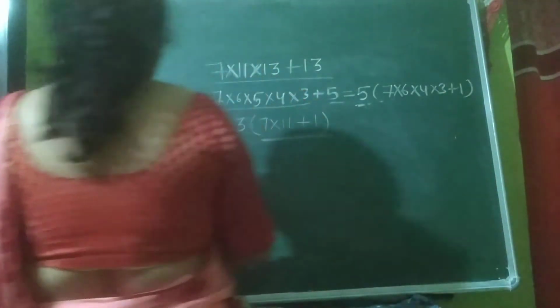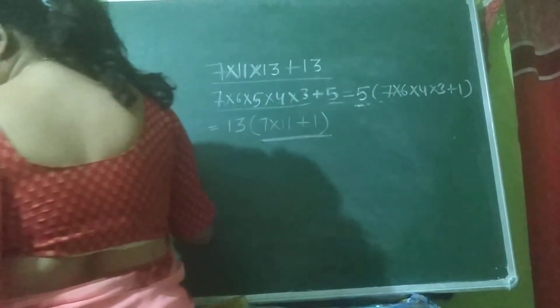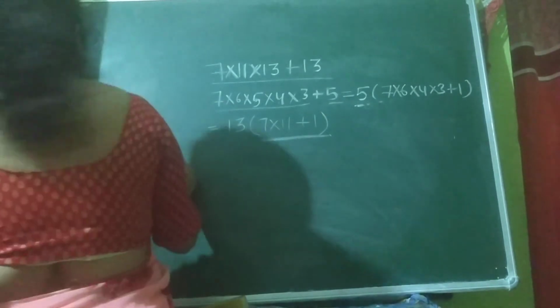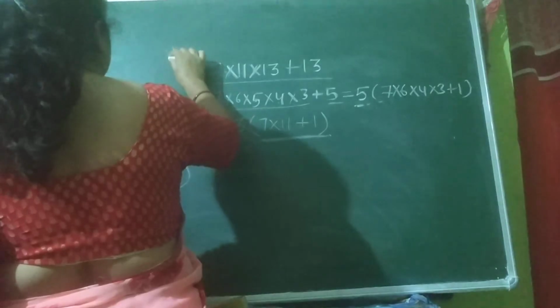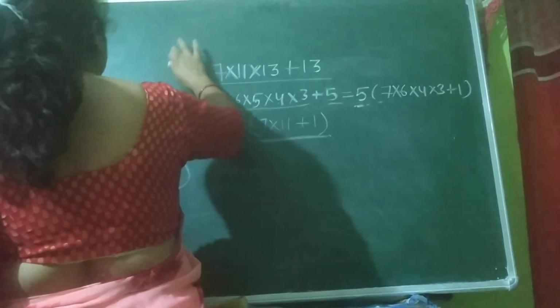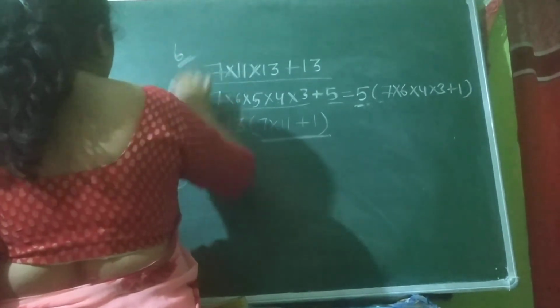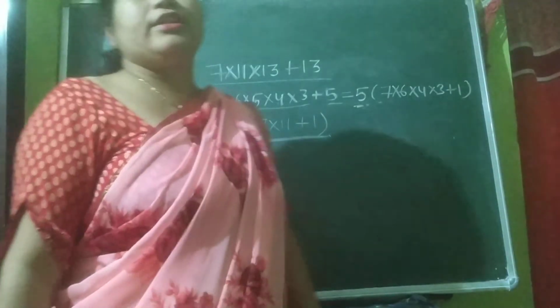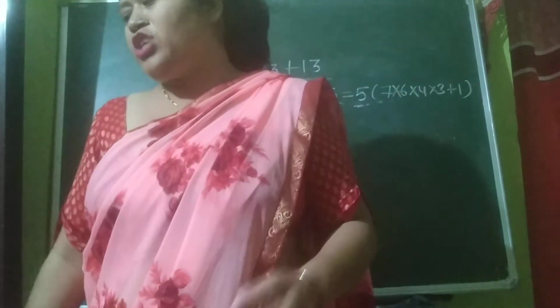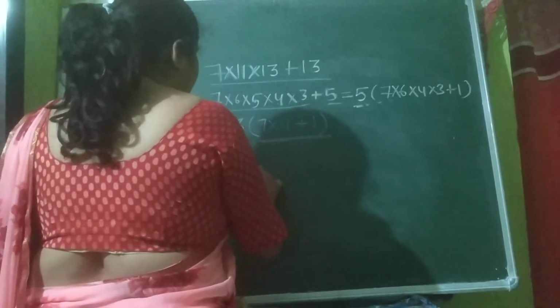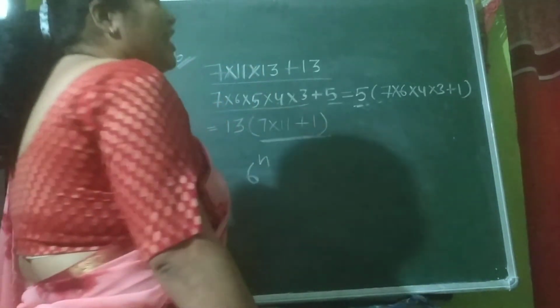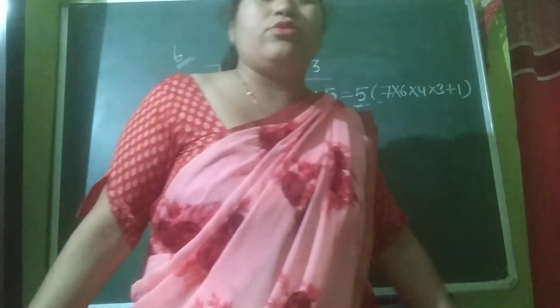Okay, now let's start the last one, the fifth question of this exercise. In the fifth question, they are asking you to check whether 6 to the power n can end with digit 0.